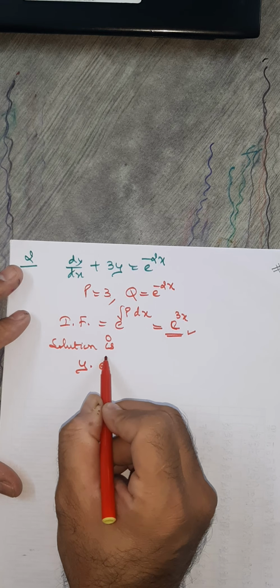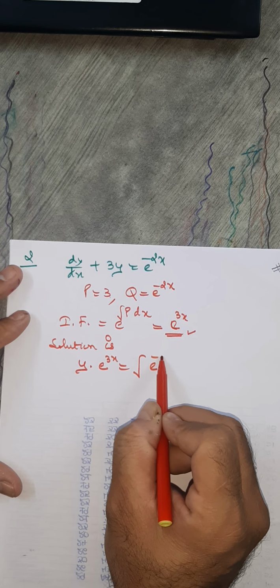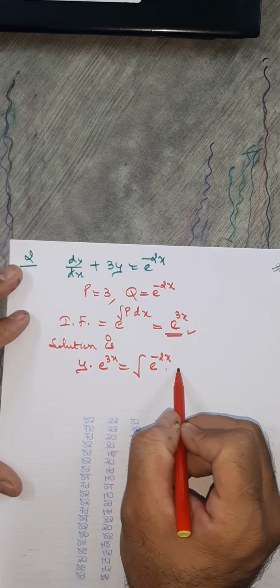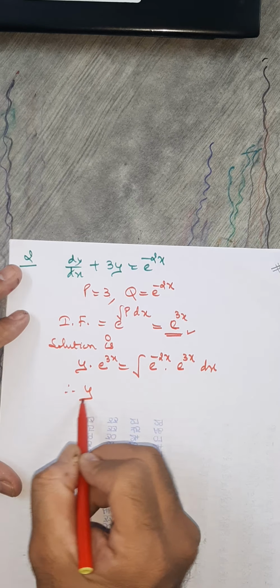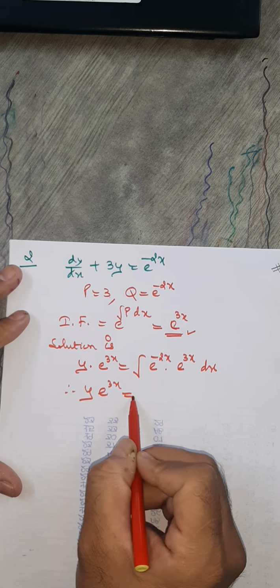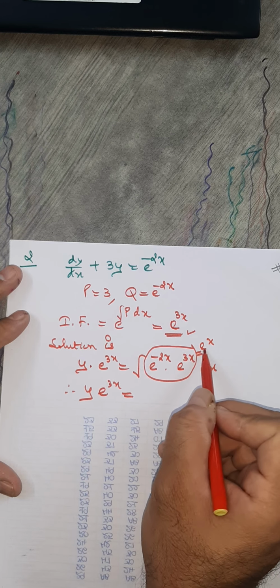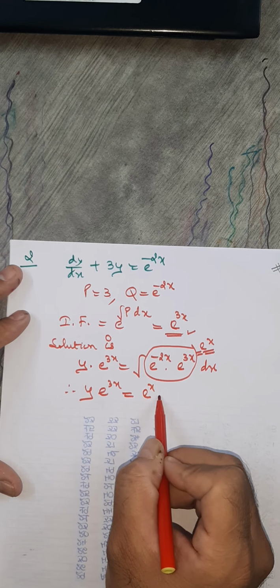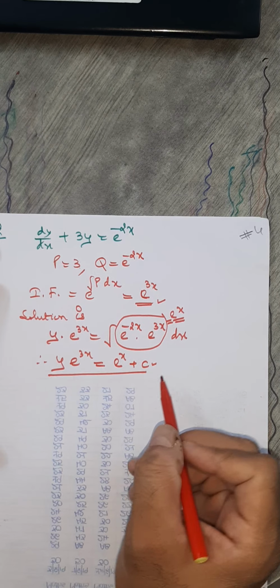I'm writing directly, you should write that step. Inside the integral q क्या है, e raised to minus 2x into integrating factor e raised to 3x. Okay, so y into e raised to 3x, this is just e raised to x. And what is the integral of e raised to x? That's e raised to x plus c.